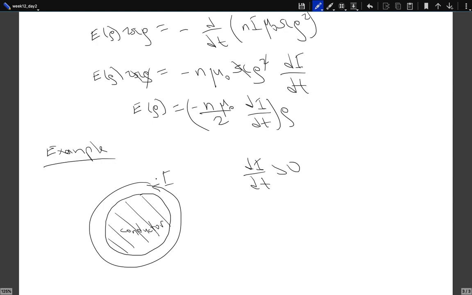But keep in mind, the electric field is everywhere inside, not just on this wire. The electric field is also over there. This is an electric field line inside my conductor. Okay, first question, how come we have an electric field inside the conductor?